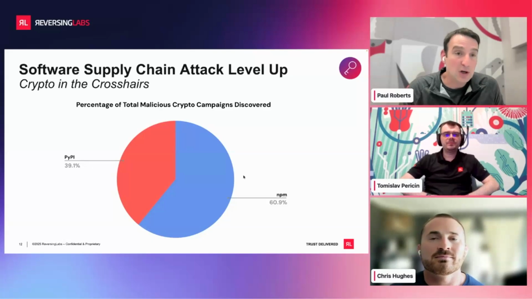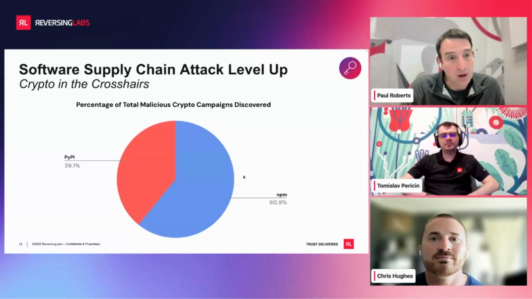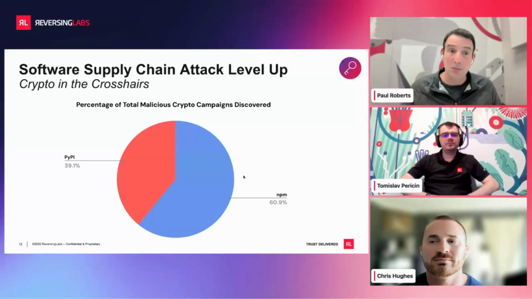And one of the things that we saw, and other companies saw, was a focus on organizations, whether those are software producers or infrastructure providers, with ties to the cryptocurrency industry. I think we had more than 24 attacks just in 2024 that were supply chain attacks targeting crypto.